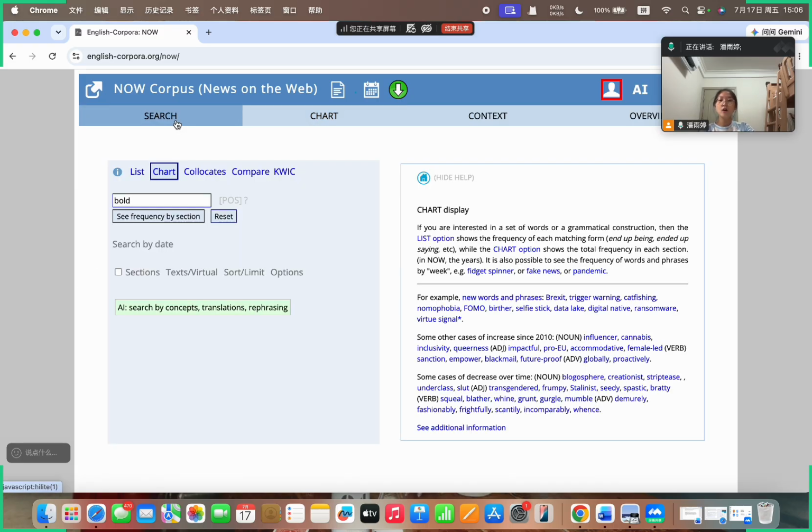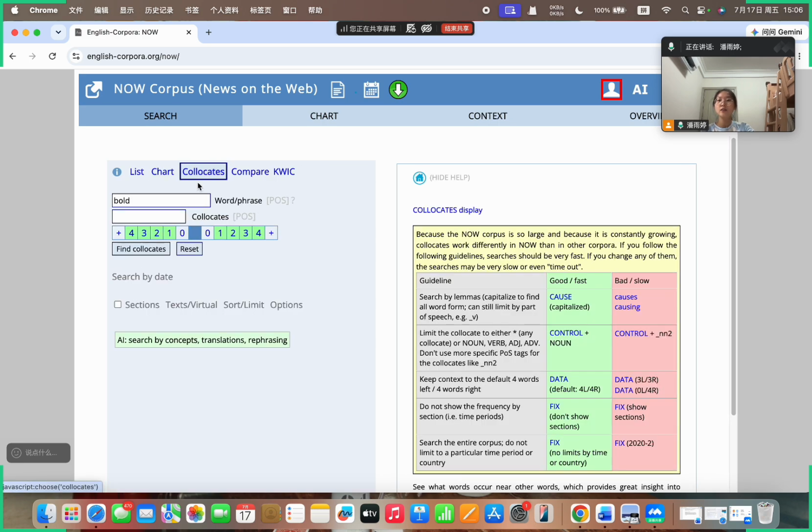For my second objective, the non-collocates, I use the collocates feature. I click collocates. In the first box, I type brief. In the second box, the collocate box, I type non.